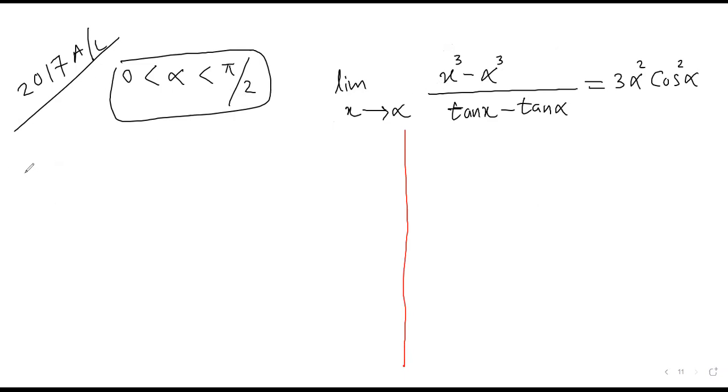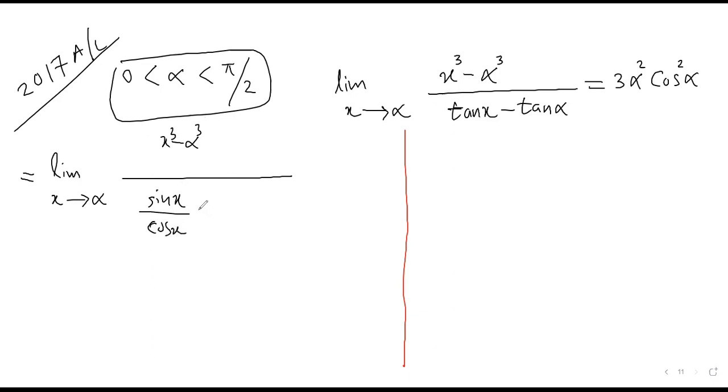Limit as x is going to alpha of x cube minus alpha cube. Now tan x is sin x over cos x, minus sin alpha over cos alpha.